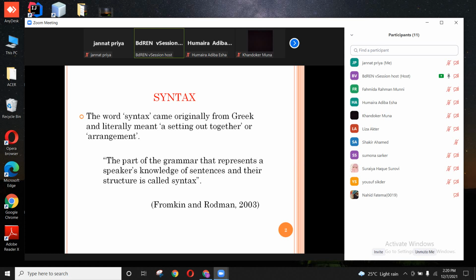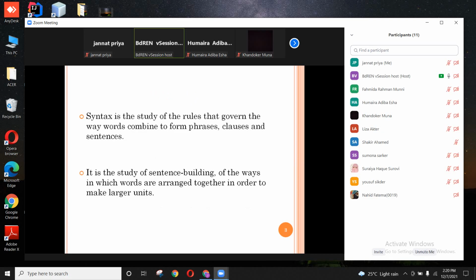This definition is given by Fromkin and Rodman. Now, you may not remember this definition. In that case, you can remember a very short but good definition of syntax. What is it? Syntax is the study of sentence formation.